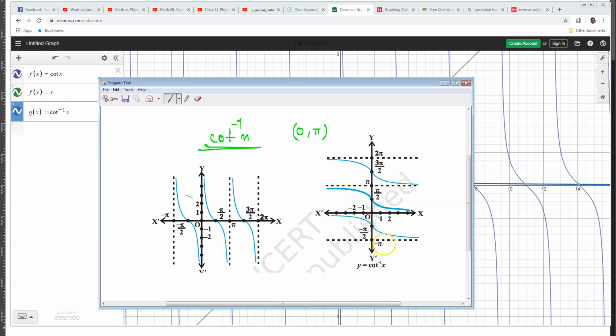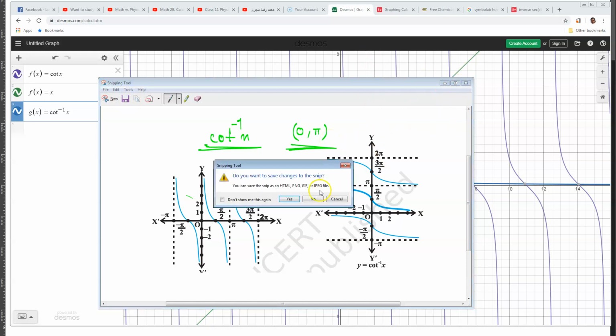Which means you could essentially get all of those values for this function. But the principal values of this inverse trigonometric function are 0 to pi, as far as we know.